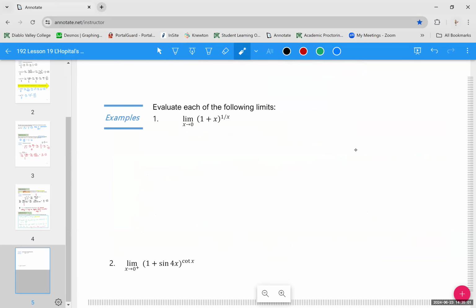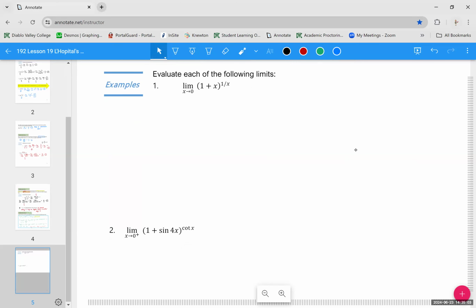So I've got a couple of quick examples here, and let's walk through each one of these. So I have the limit as x approaches 0. If I plug that in here, I'm going to get 1. And if I plug that in here, I'm going to get infinity. So this is 1 to the infinity.